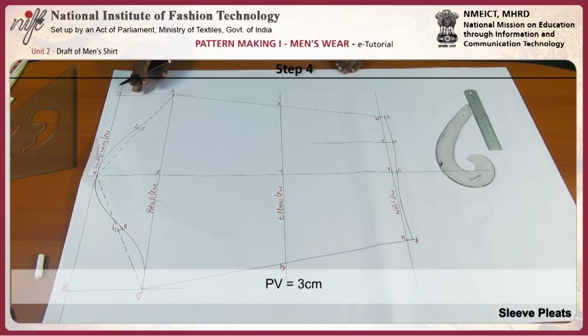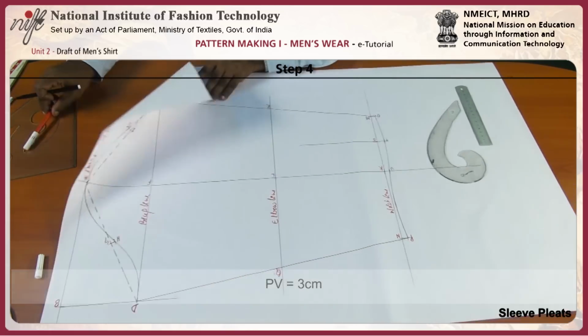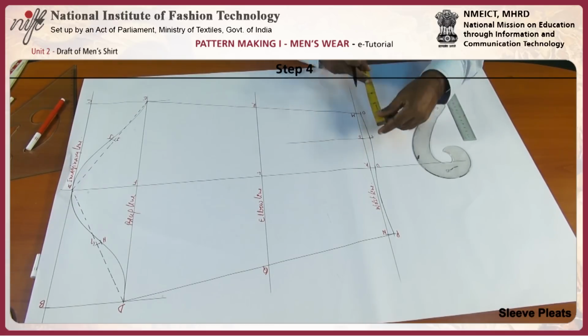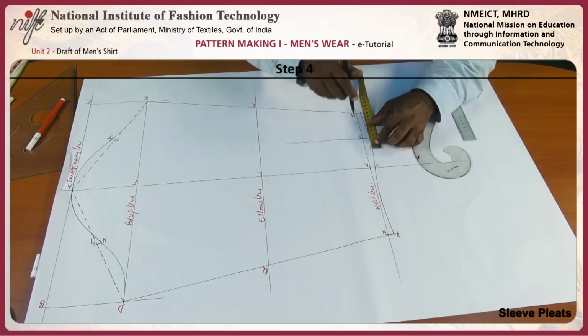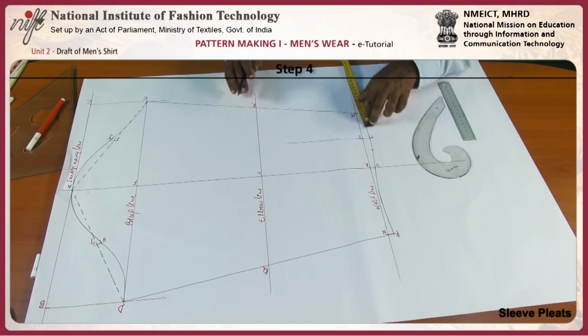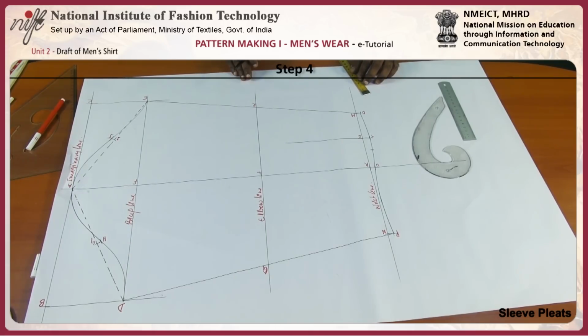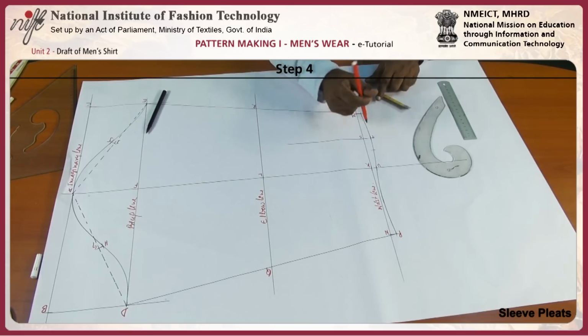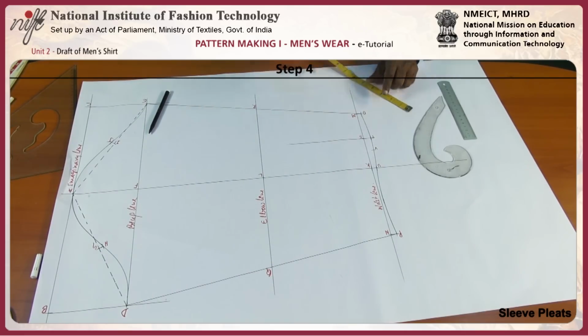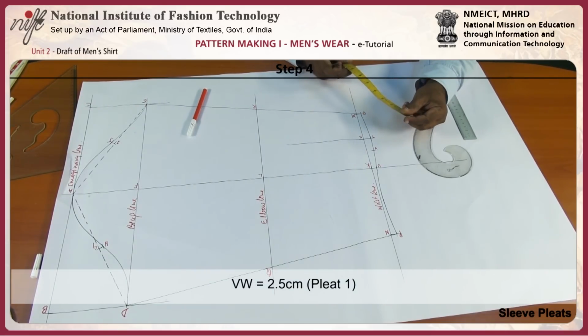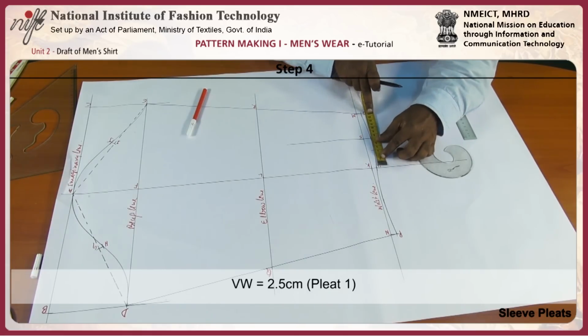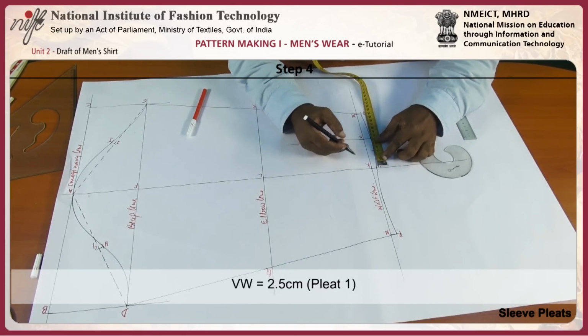T to V is 3 centimeter. V to W is 2.5 centimeter, pleat number 1.